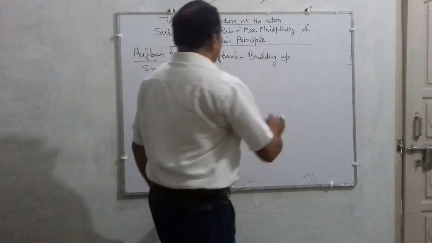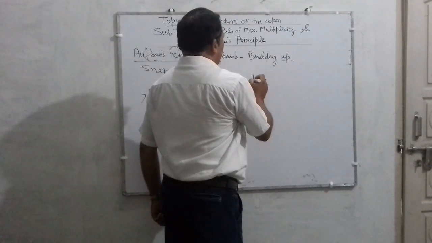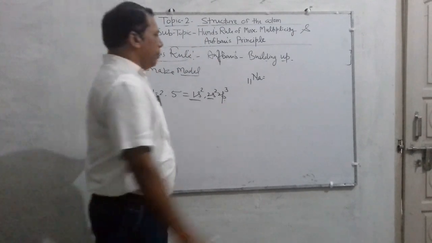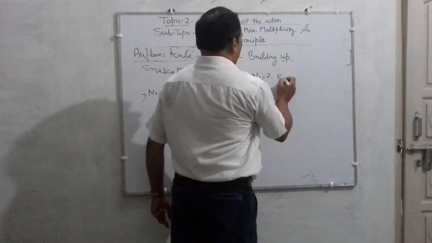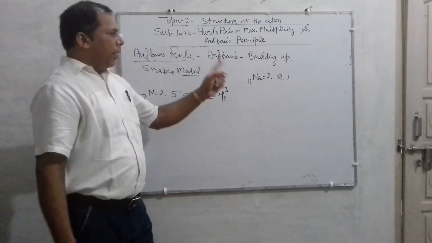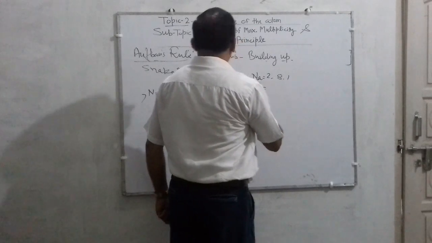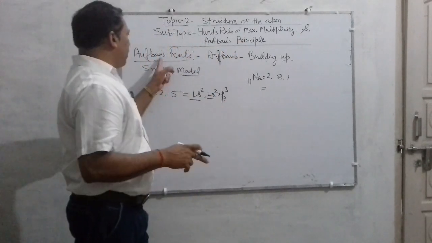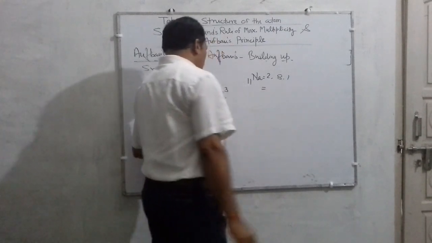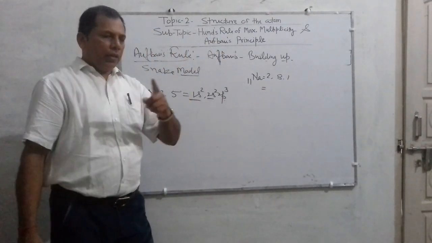One more example. Suppose we have to write the configuration of sodium, which is 2,8,1 by the rule of Bohr-Bury. In the Aufbau principle, according to the rule, electrons will first fill the lowest energy level.